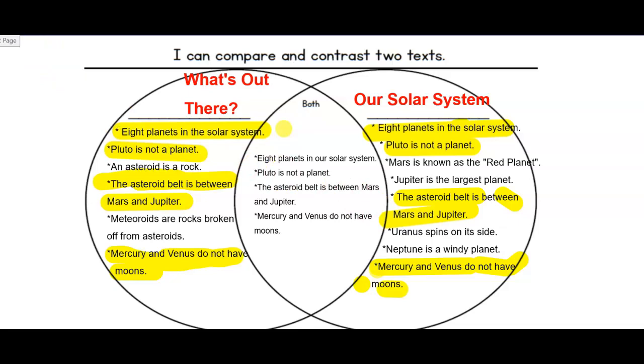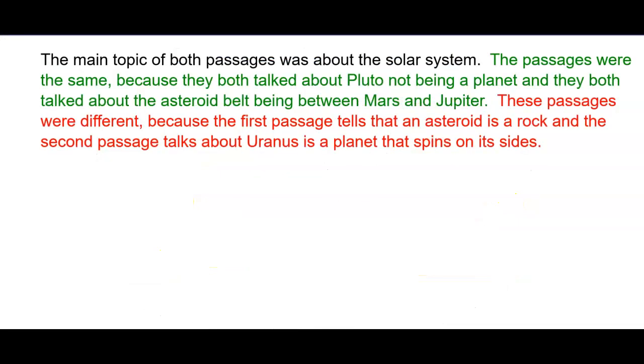Welcome back, boys and girls. Here is my paragraph using the Venn diagram. Remember, the green sentences or sentence talks about how the articles are alike, and the red sentence talks about how the articles are different. The main topic of both passages was about the solar system.